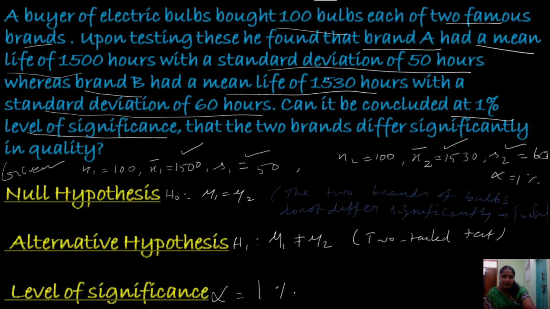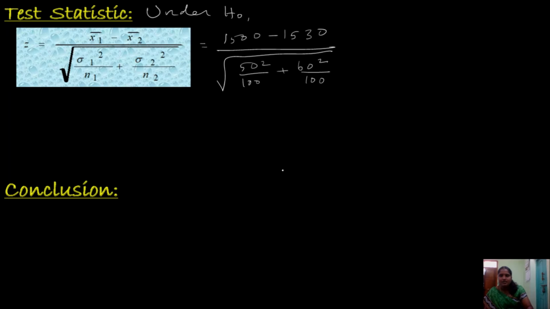Listen carefully: if the sample standard deviation is given instead of the population standard deviation, we make use of those values instead.